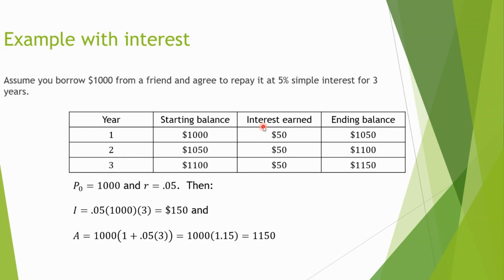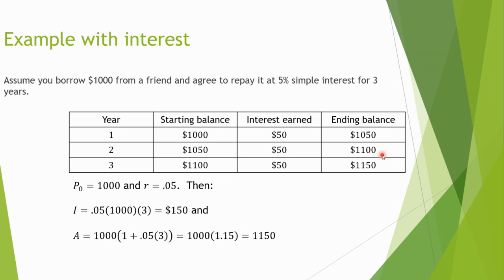So here's what happens. Again, you have the starting balance. This is the first year. This is how much your principal is. 5%, so as a decimal, we get 0.05. And then after year 1, you owe this. Then another year goes by. You're not going to start repaying it until 3 years is up. They add on the same interest again.